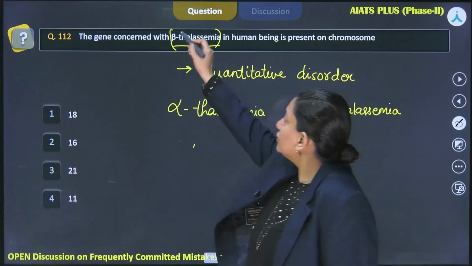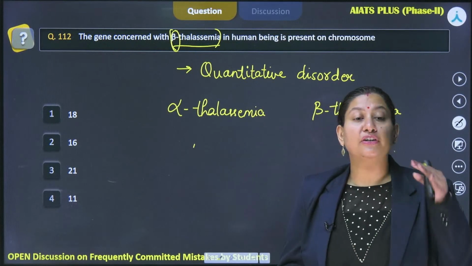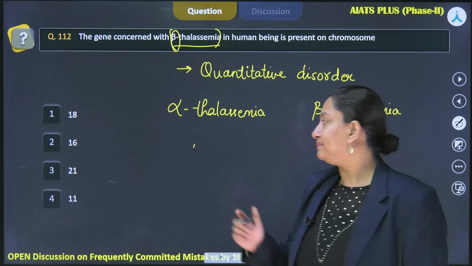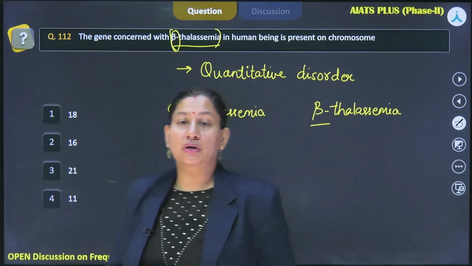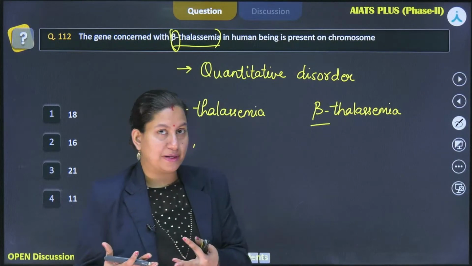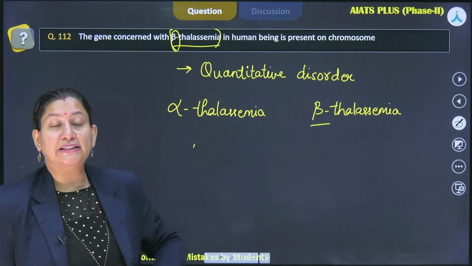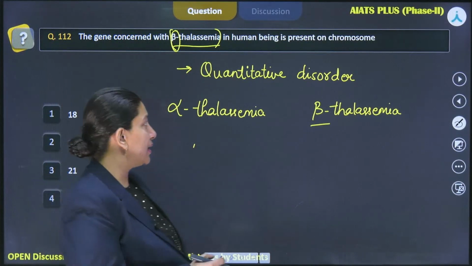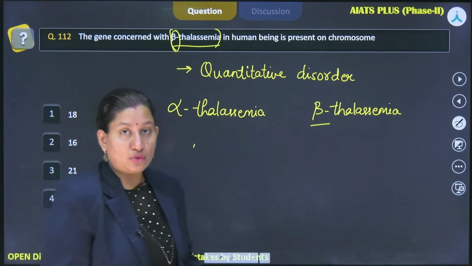Now here the question explicitly asks about beta thalassemia. That means there will be reduced synthesis of beta chains, right? So NEET questions often compare this disorder with sickle cell anemia, which, on the contrary to thalassemia, is a qualitative disorder, right?